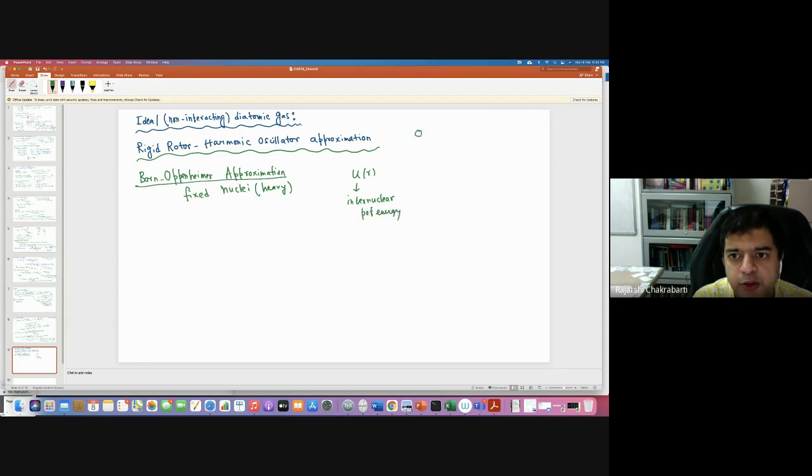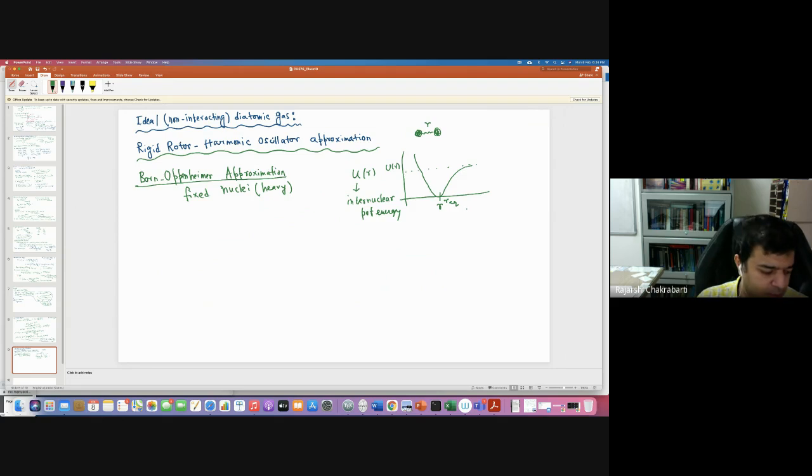And I have a diatomic molecule, no? This is the distance r. So if I plot this, I know it will look something like this, and your zero of energy is here. And this is called R equilibrium, isn't it? All of you know this from chemistry.